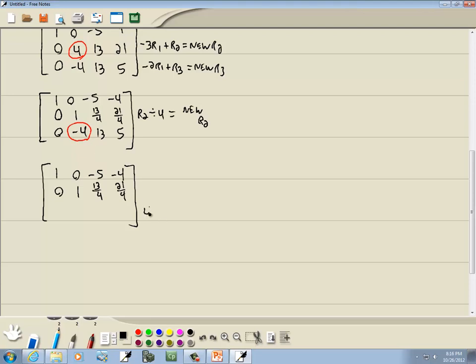So we're going to take 4 times row 2 and add it to row 3 to give us our new row 3. 4 times 0 is 0, plus 0 is 0. 4 times 1 is 4, plus negative 4 is 0. 4 times 13 fourths is 13, plus 13 is 26. 4 times 21 fourths is 21, plus 5 is 26.